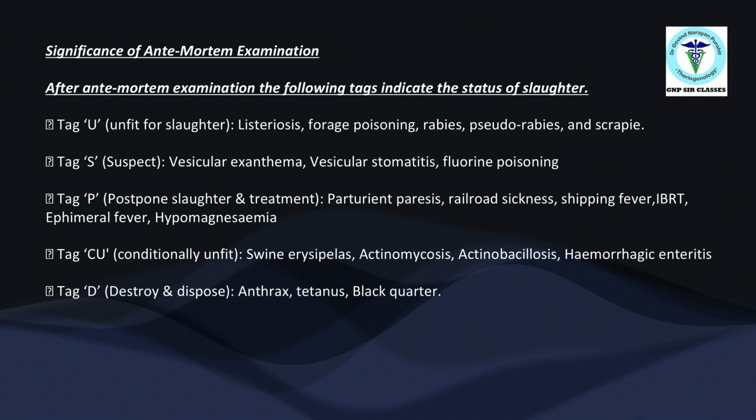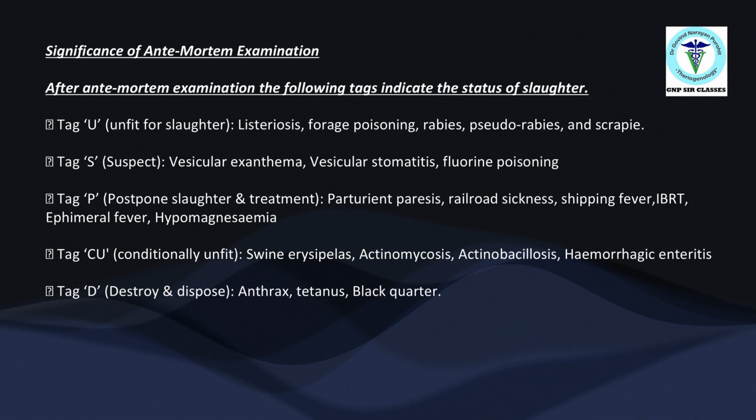Significance of ante-mortem examination. After ante-mortem examination, the following tags indicate the status of slaughter. Tag U, unfit for slaughter: listeriosis, forage poisoning, rabies, pseudo-rabies, and scrapie. Tag S, suspect: vesicular exanthema, vesicular stomatitis, fluorine poisoning.